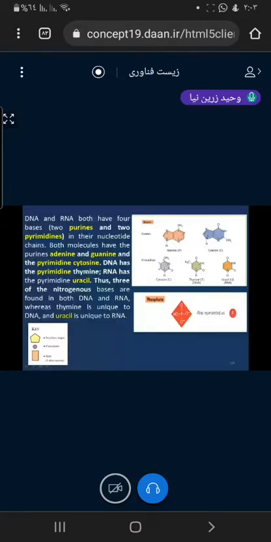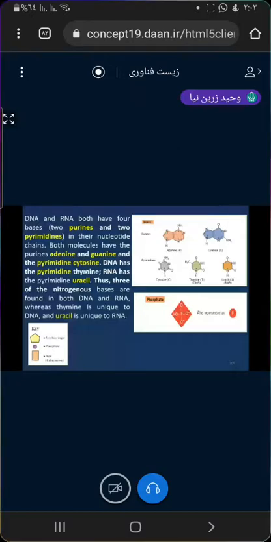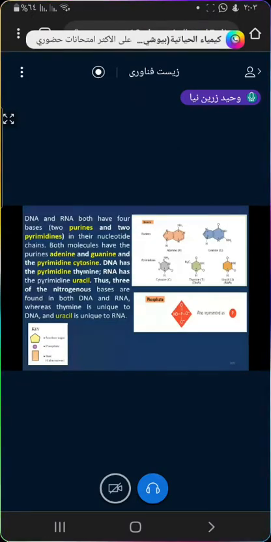RNA has the pyrimidine uracil. Thus, three of the nitrogenous bases are found in both DNA and RNA, whereas thymine is unique to DNA and uracil is unique to RNA.